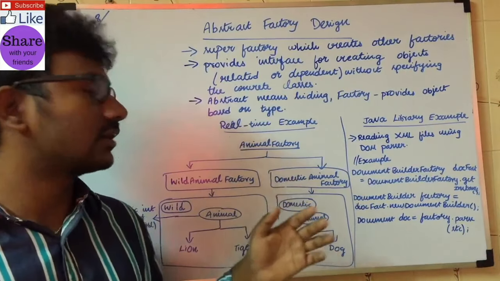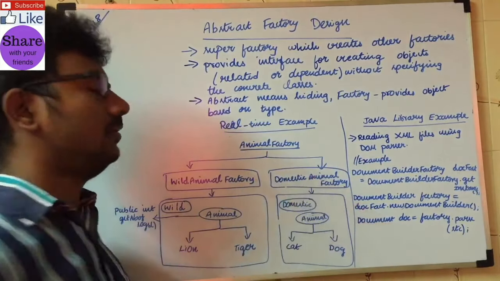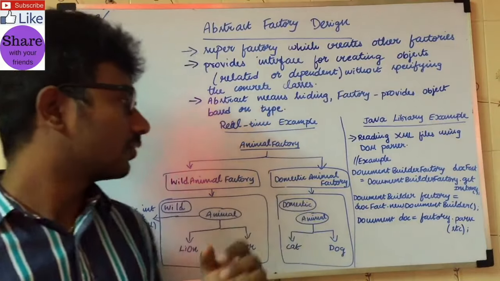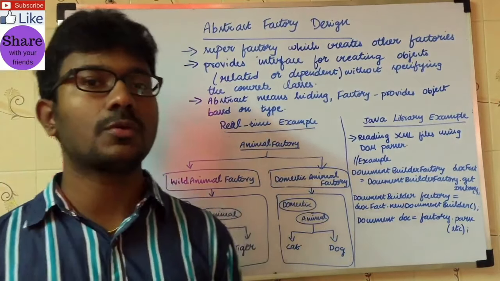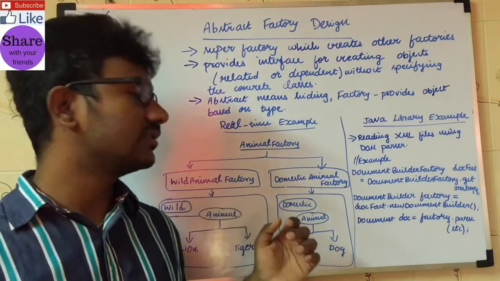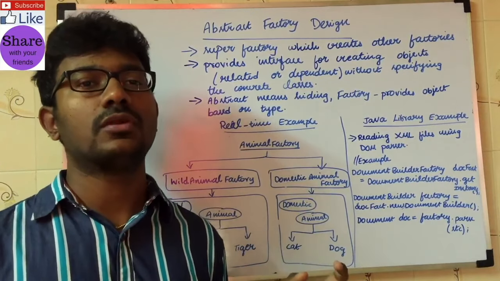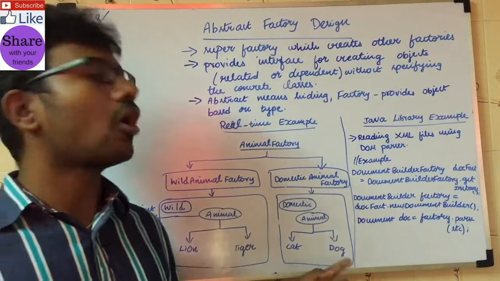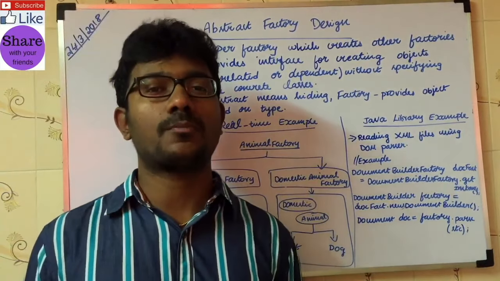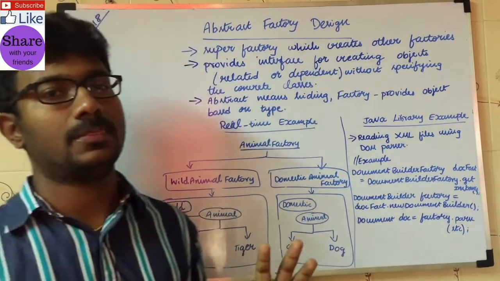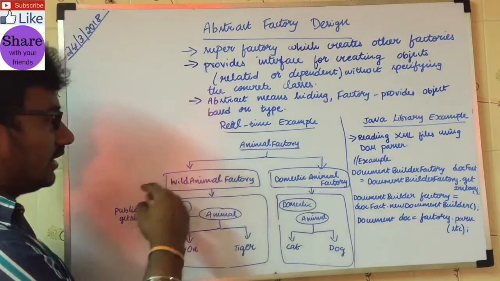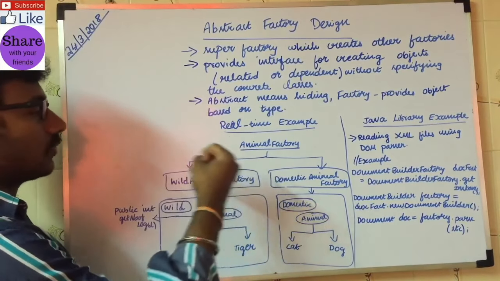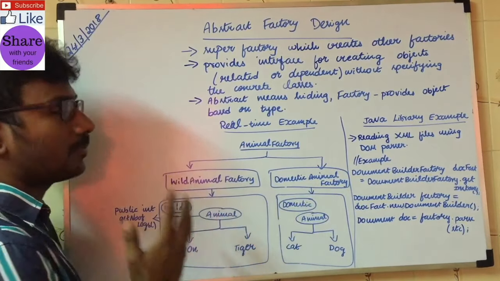Similarly, a client goes to a domestic animal factory trying to get some domestic animals. The client says that I need an animal of 4 legs of weight 25 kg. So you return the dog object because that would be more appropriate when compared to cat. Similarly, for a wild animal factory, based on the requirements, it returns the appropriate object.